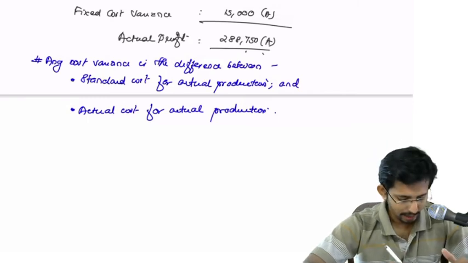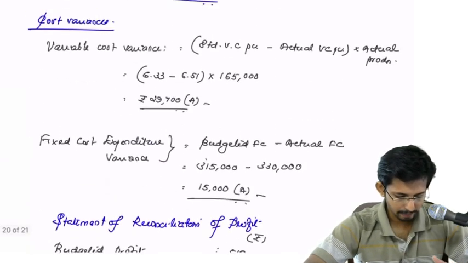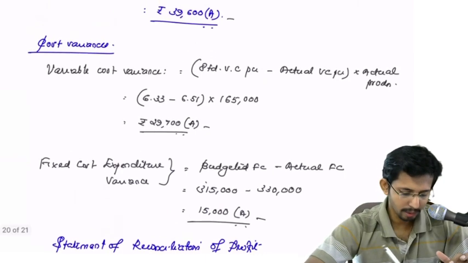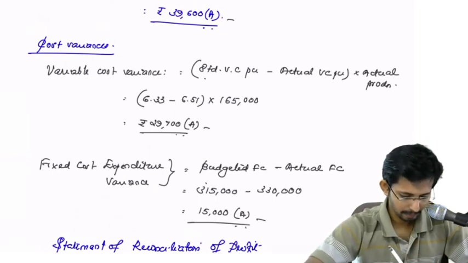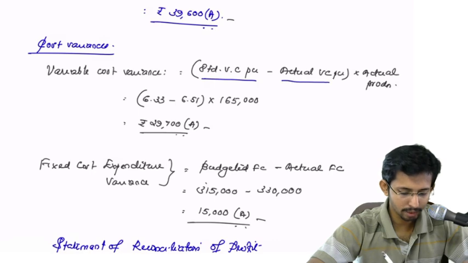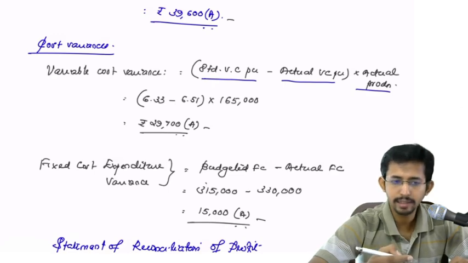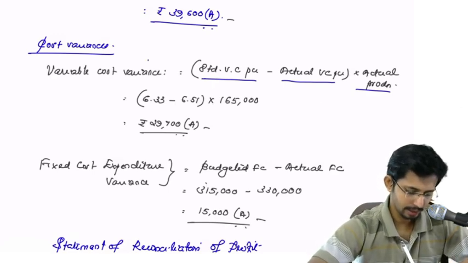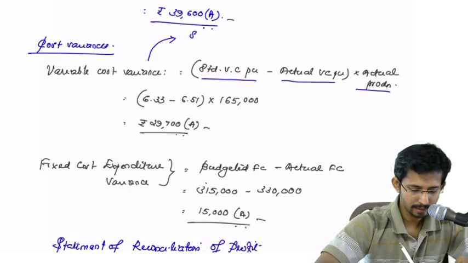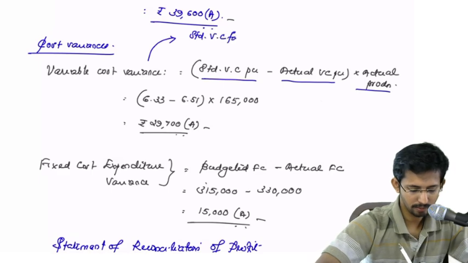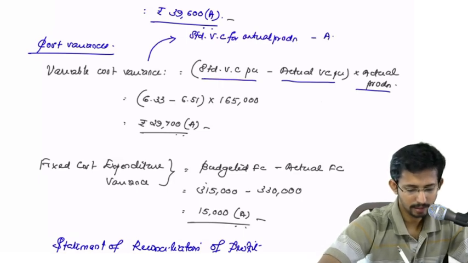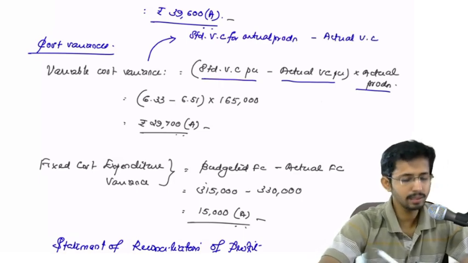Even here, when you computed the variable cost variance, what did we write? The formula was standard variable cost per unit minus actual variable cost per unit, into actual production. I wrote this formula for easy understanding. Actually, I can rewrite this as standard variable cost for actual production minus actual variable cost for actual production.